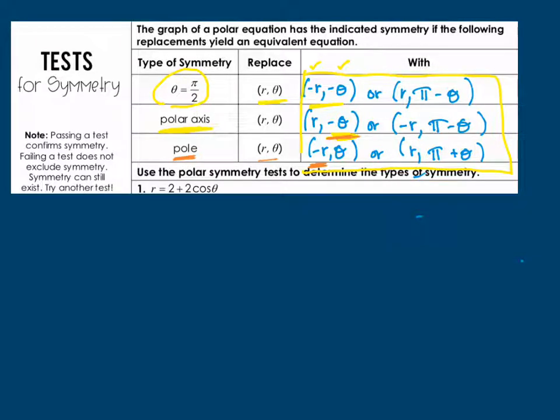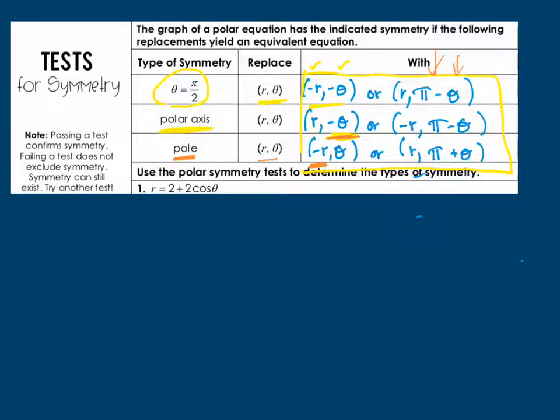Now, the second group that you test is because you can go backwards. I don't really have any problem remembering that these go this way: first both, then the theta, then the r. But this group is harder for me to remember. But we need to be able to go backwards and test that way too.